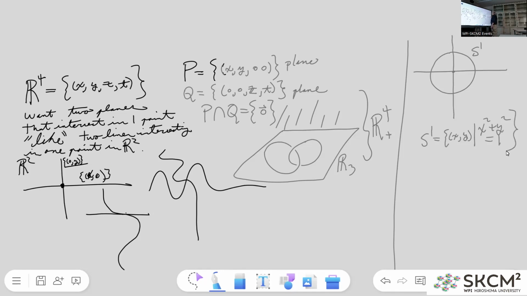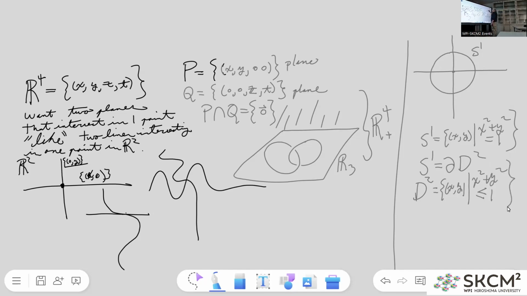And now, that circle is equal to the boundary of the two-dimensional disk, and that disk is equal to the set of (x, y) such that x squared plus y squared is less than or equal to 1. Okay, there's the disk right in there. And you see the two lines that are intersecting.